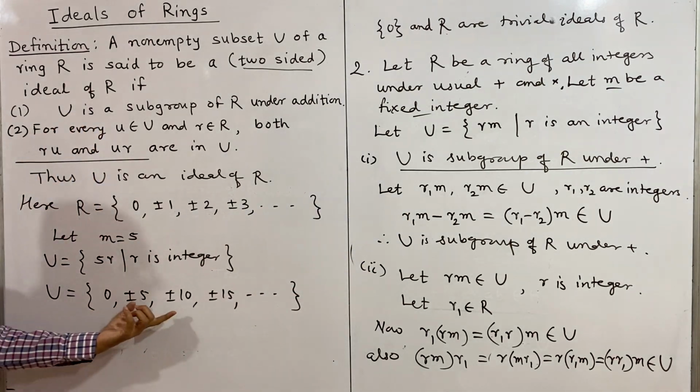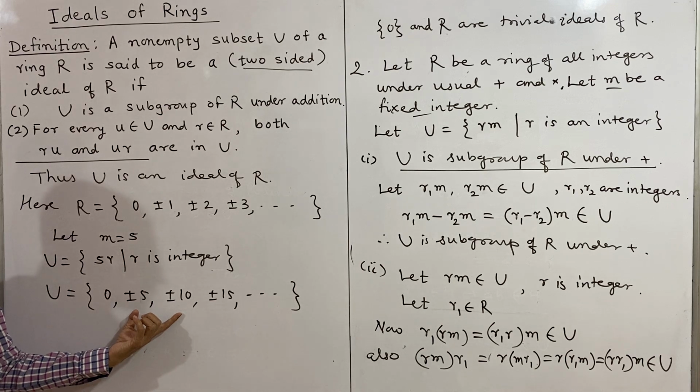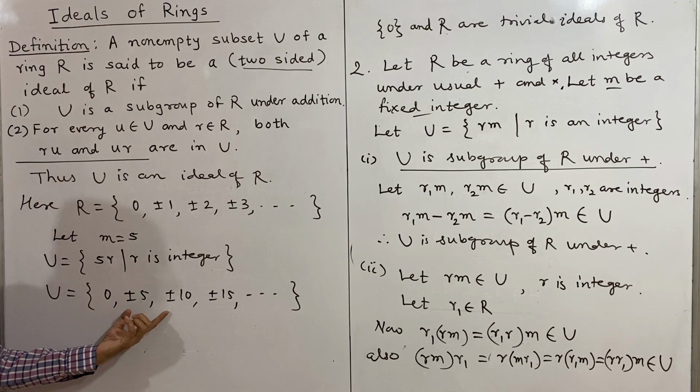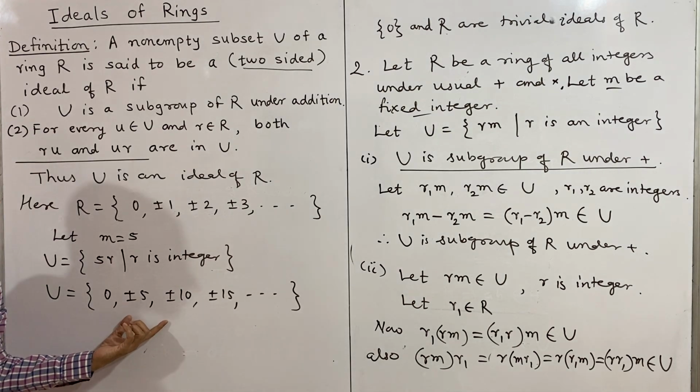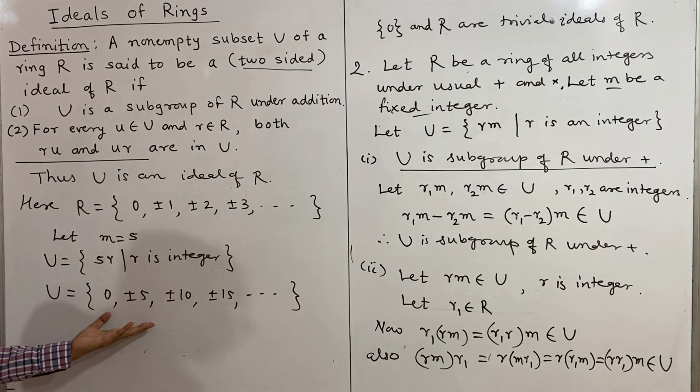If you consider any two elements of U, then their difference is again a multiple of 5, so the subgroup property is verified.